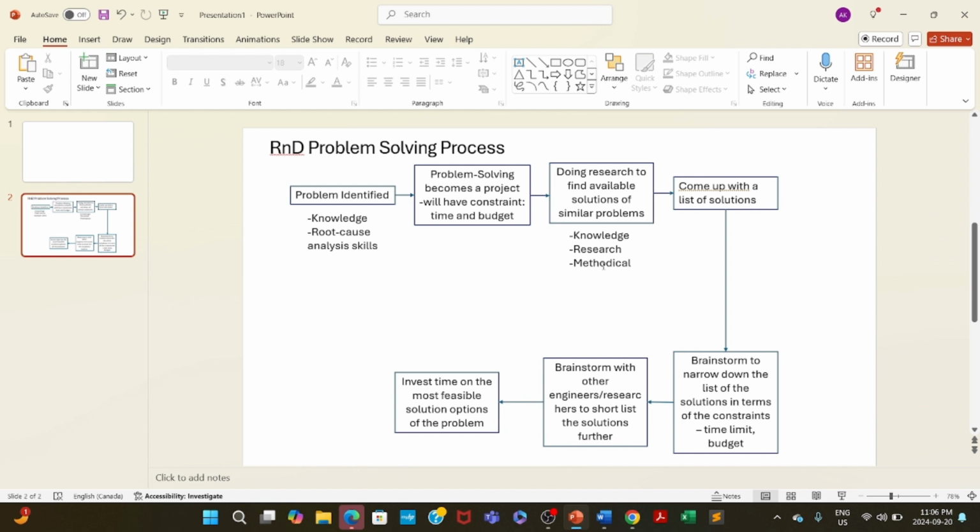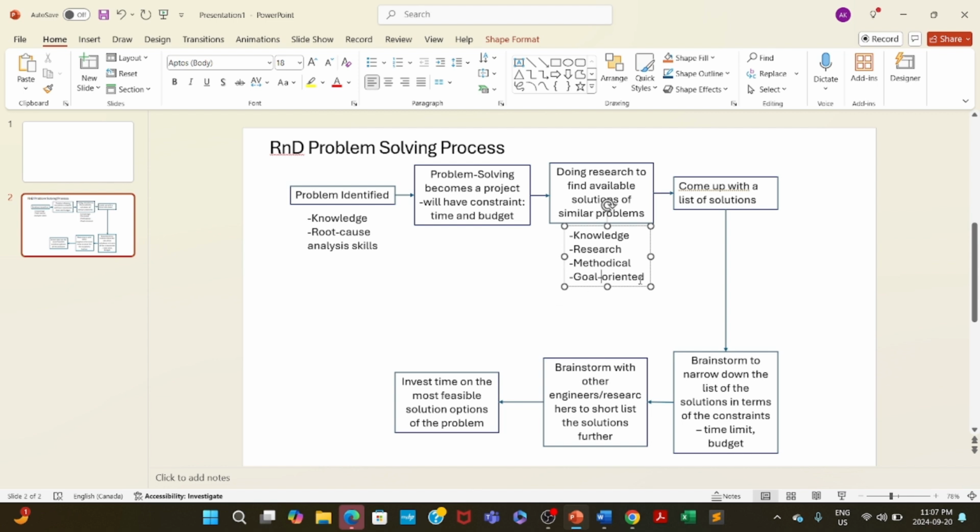So yeah, methodical, and you'll have to be, I guess, goal oriented, right? So you'll have to have a goal, an objective.